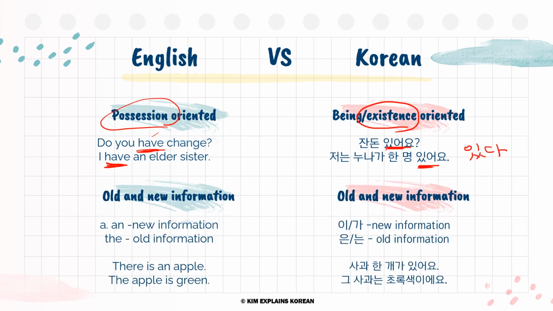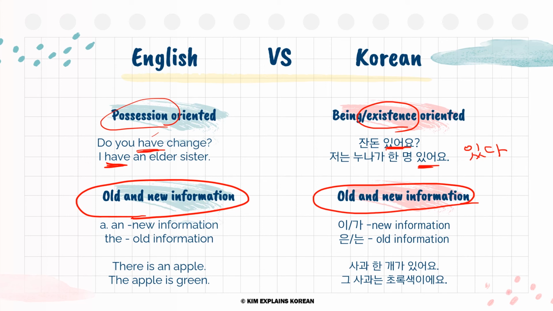There is also a difference between Korean and English to indicate old and new information. In English, indefinite articles a or an is used to indicate new information, and definite article the is used to indicate older information. But in Korean, we don't have indefinite articles.